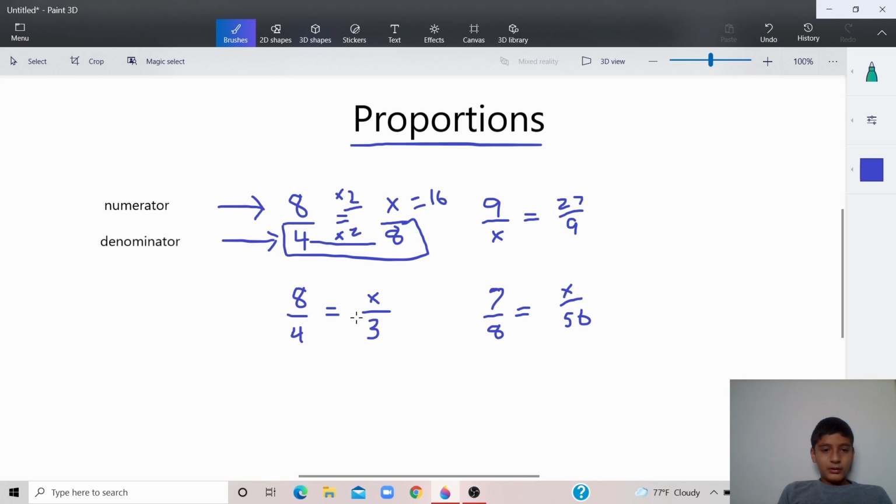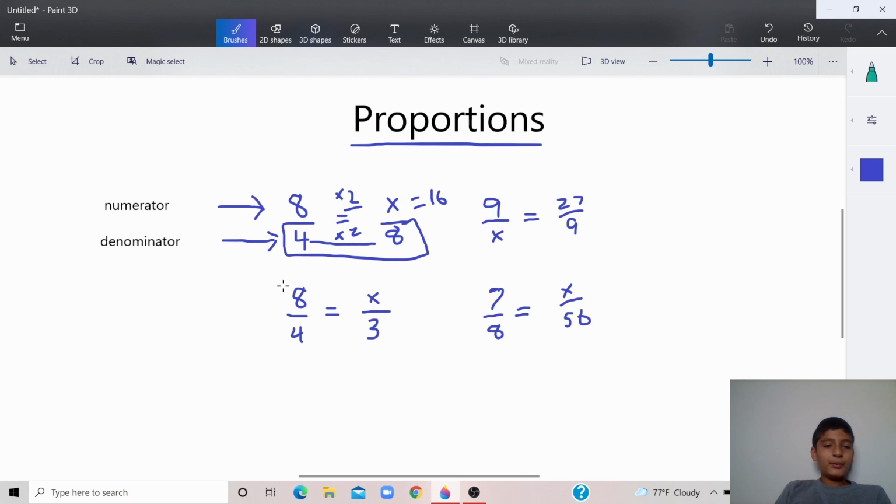But now let's try a different one. Here we have 8 divided by 4 equals x divided by 3. But if you see here, we can't really multiply by a whole number to get from 4 to 3. You would have to multiply by some decimal.